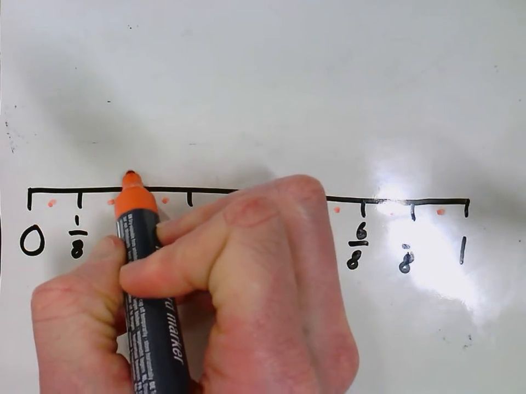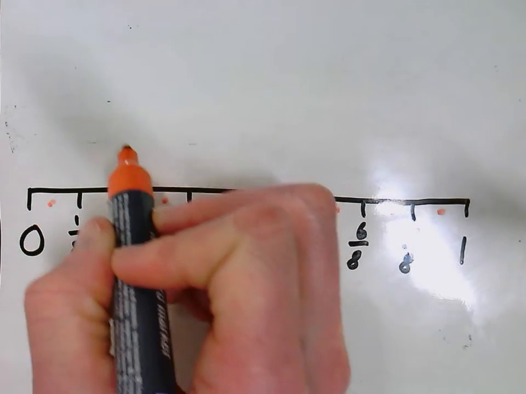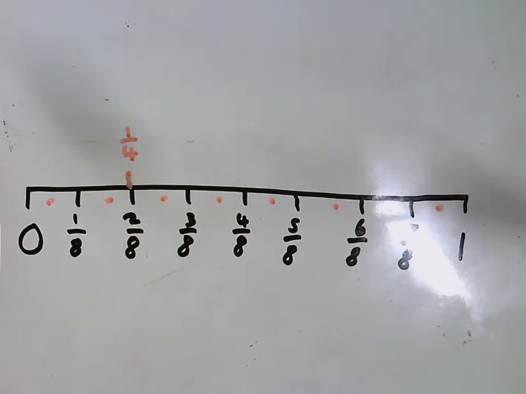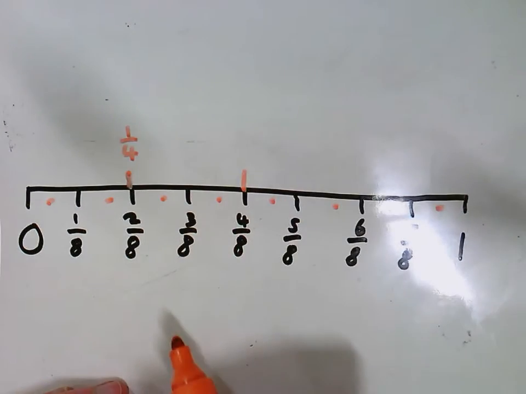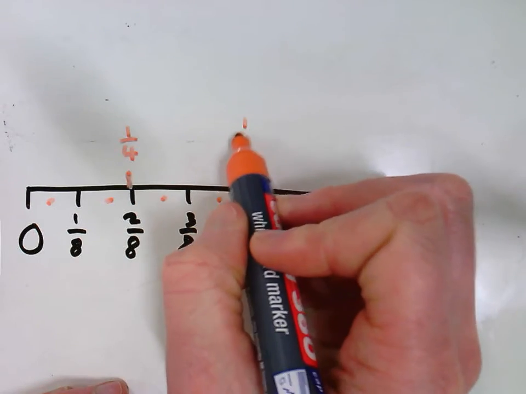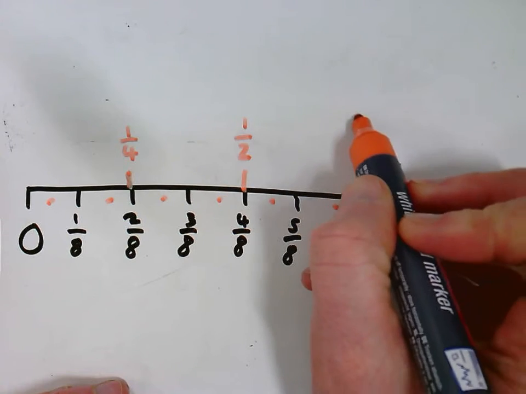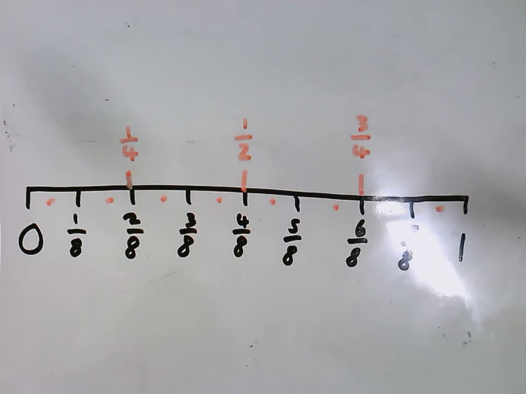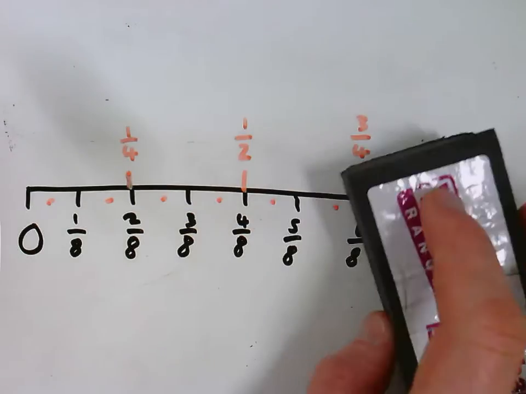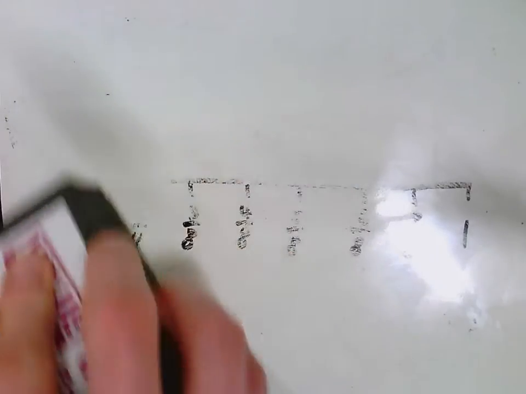So you might realise that actually 2/8 is also equivalent to a quarter, and 4/8 would be equivalent to a half, and 6/8 be equivalent to 3/4. These numbers along the top are all simplified fractions. So that would be our number line for putting fractions on a number line up to 1.